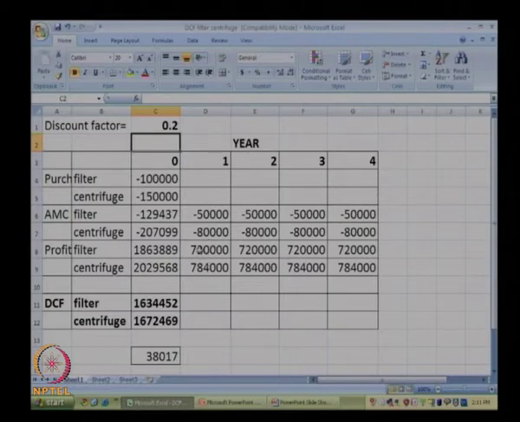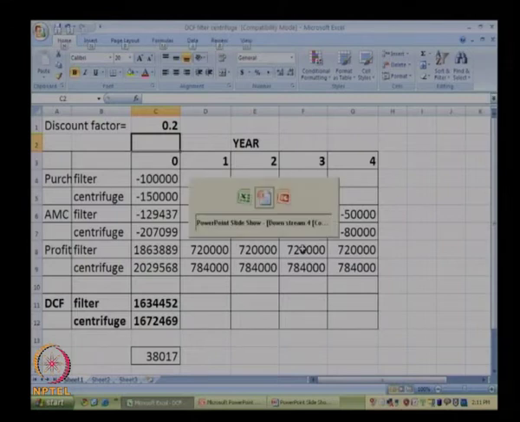So you have around 60,000 more every year by having a centrifuge than a filter, and if the discount factor keeps coming down, this difference gets enhanced in today's value. Okay, so depending upon the discount factor, the difference between the profit we make out of a centrifuge and the profit we make out of a filter can vary from a very small number right up to a very large number.